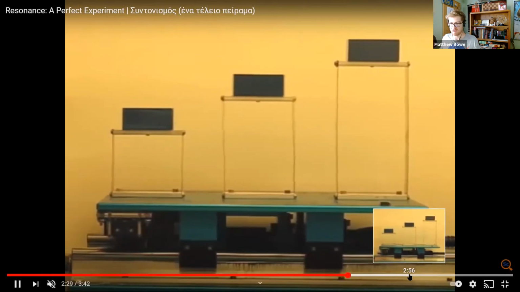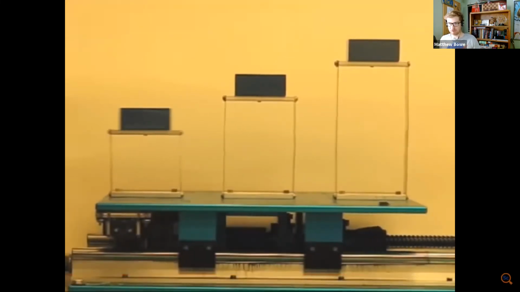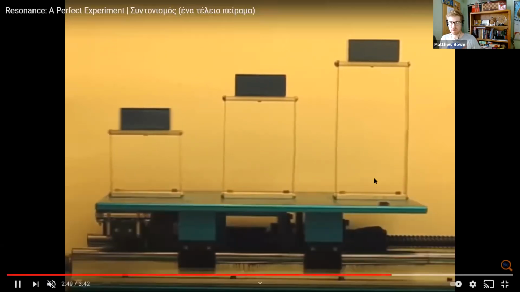As they slowly increase the speed of oscillations of the ground below, they finally reach the resonant frequency of the small building. None of the other two buildings are oscillating. Look at the blocks on the top of the other two. They're perfectly still.